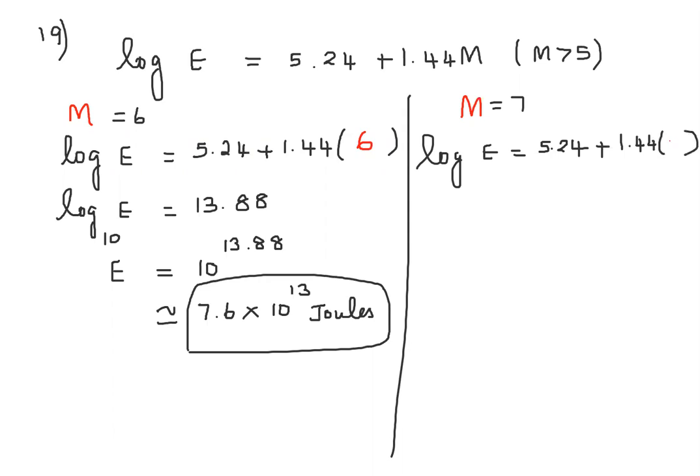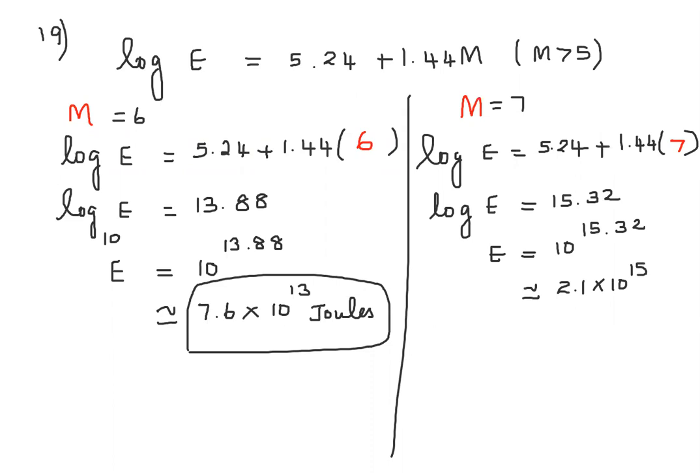In the handout it says multiplication here, but it's plus. So E is 10 to the power 15.32. When you approximate, you get 2.1 times 10 to the power 15. And you have to write the unit as well.